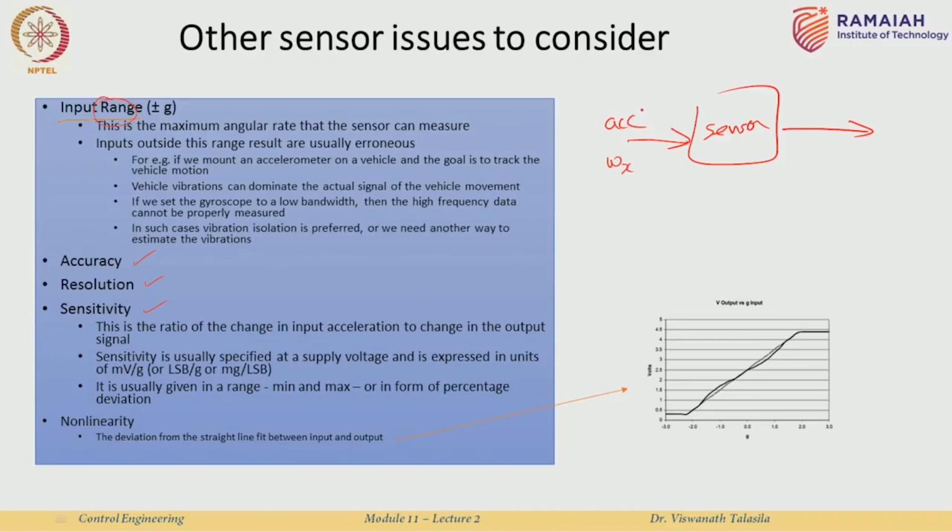For a delta change in the acceleration, meaning a very small change in the acceleration, if there is a corresponding change in the voltage or in the response over here, that is very good. It means that we can measure really small accelerations.